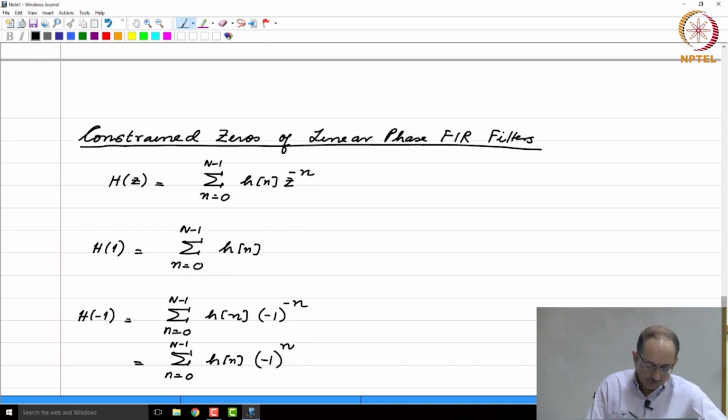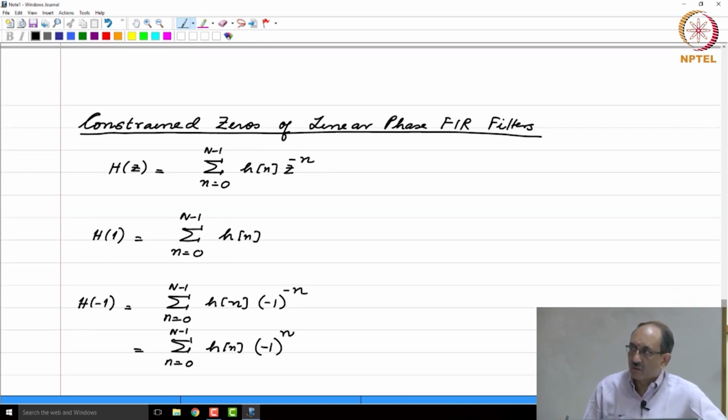To see whether there is a 0 at z equal to 1, all you need to do is sum up these samples, that is what this says. Sum up h of n and examine whether H of 1 is 0 independent of the values of h of n, whether the z transform H of 1 is 0 always, no matter what h of n is.